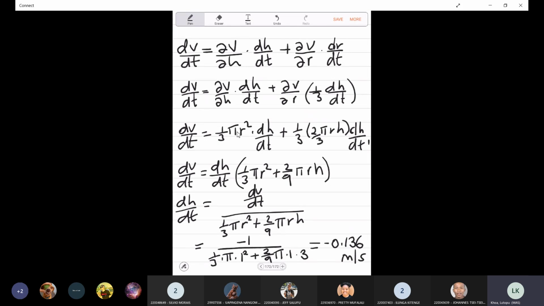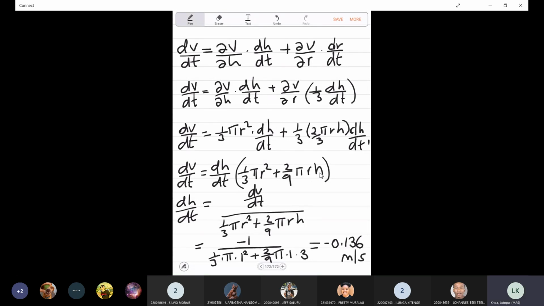2 over 9. Let me just see my calculations again. This is 1/3 pi r squared h. Okay, that's fine. So that's 1/3 dh/dt. The derivative of V with respect to r, the 2 comes down, pi r h, and then the third is still there. Okay, when we factorize, we have 1/3 pi r squared plus 2 over 9 pi r h.